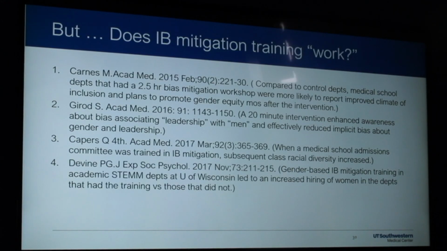I've shown you our research about implicit racial bias of a medical school's admissions committee. What we found is that once we went into an implicit bias mitigation workshop where we rehearsed strategies to reduce the impact of bias, the next class that we admitted at the Ohio State University was the most diverse class ever.